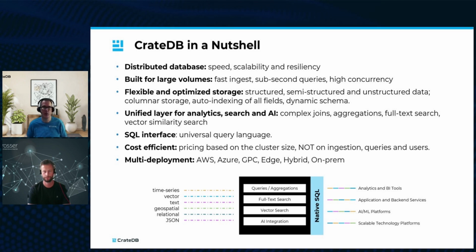It can easily bring complex joins, complex aggregations in a few milliseconds. It brings also capacity for full text search and vector similarity search. And the beauty of that is that you can access the data in a very easy way. You don't need to learn any native or specific language. You can simply leverage a SQL interface to get access to all this data in the way you want.